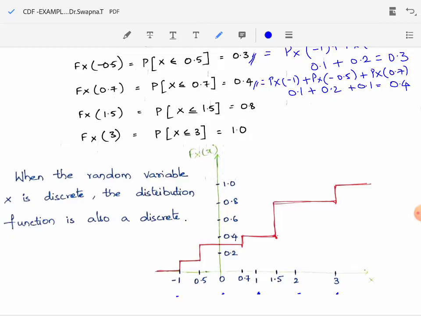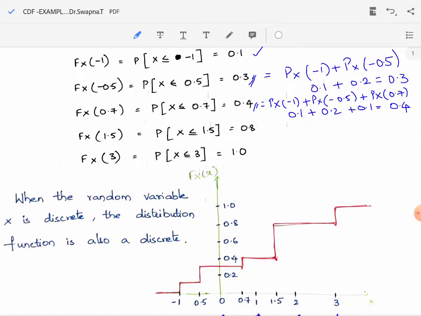And on the y-axis we take the points 0.2, 0.4, 0.6, 0.8 and 1. So what is the first value? Fx of -1 is equal to 0.1. So before that it will be equal to 0.